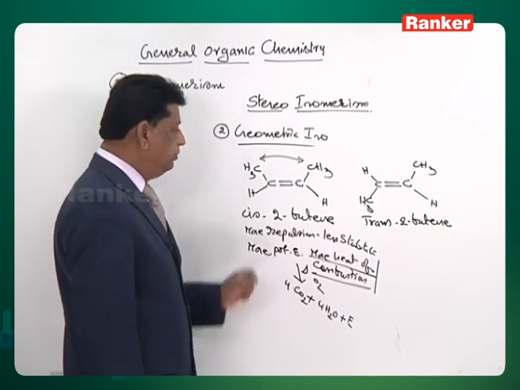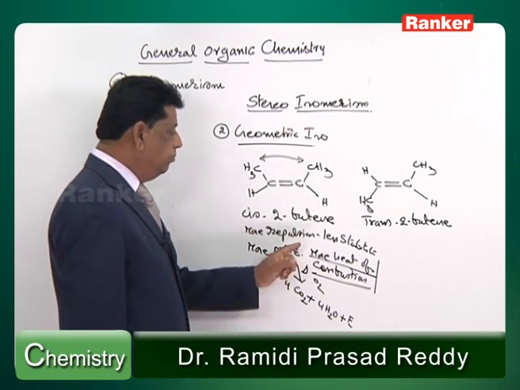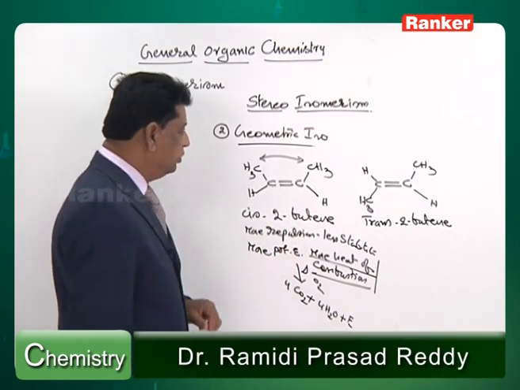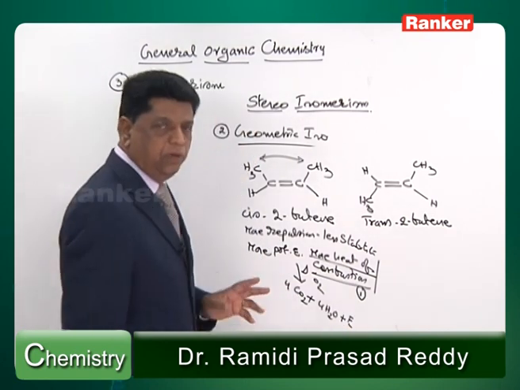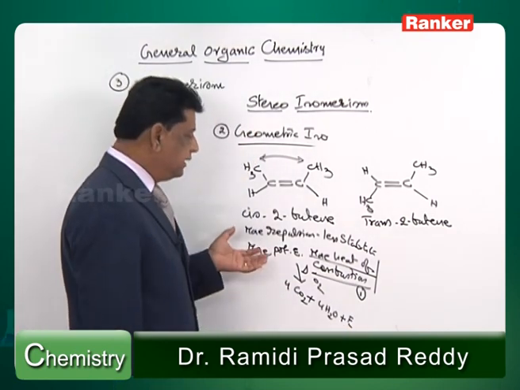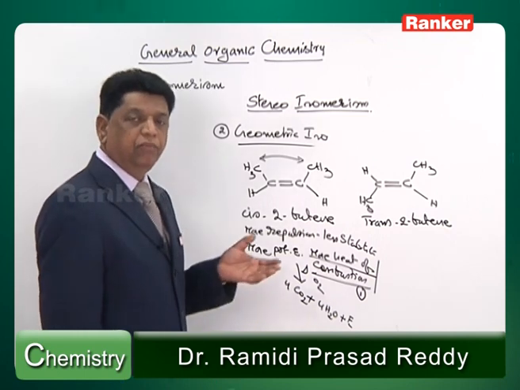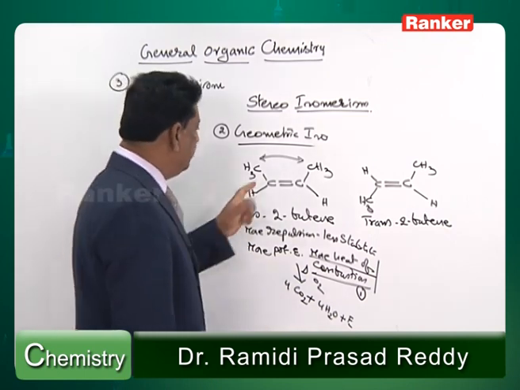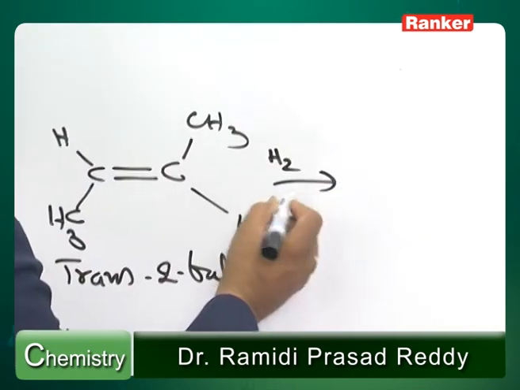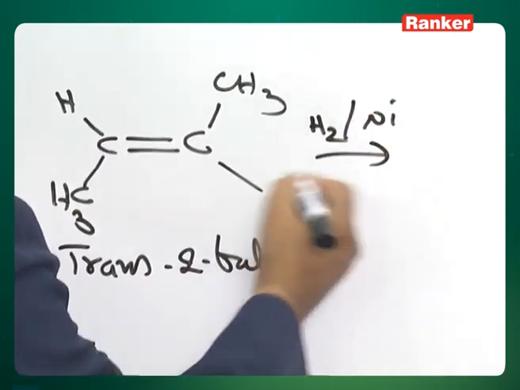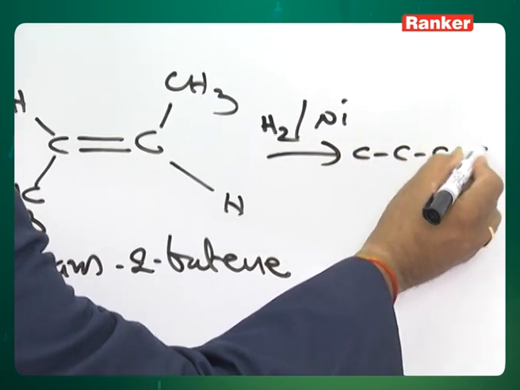Which property? We recognized the higher heat of combustion. So, this is one property, and we can have more properties. Let us study what the other properties are. When this compound is treated with hydrogen in the presence of a catalyst like nickel, it gives n-butane.